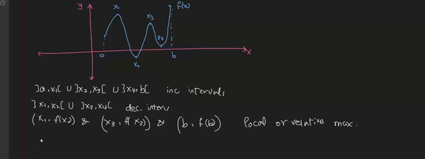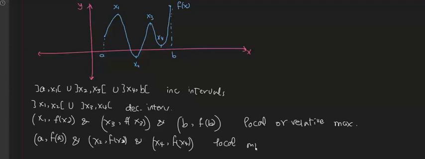And at x equals a and its corresponding value or height, and at x2 and its corresponding height, and at x4 and its corresponding height, what do we have? We have local minimum.